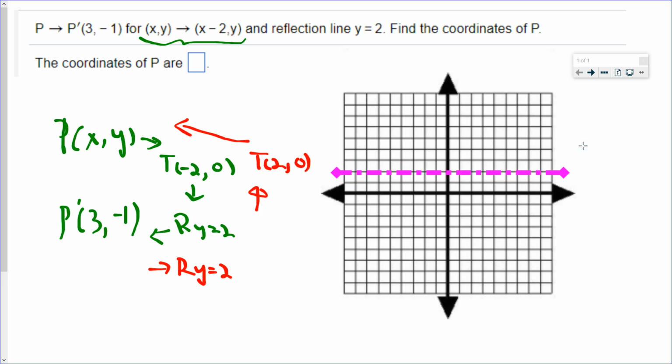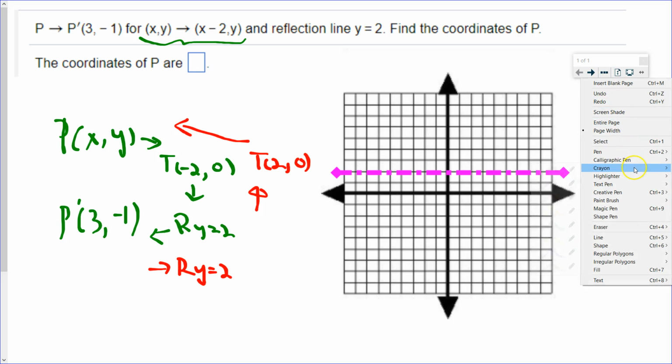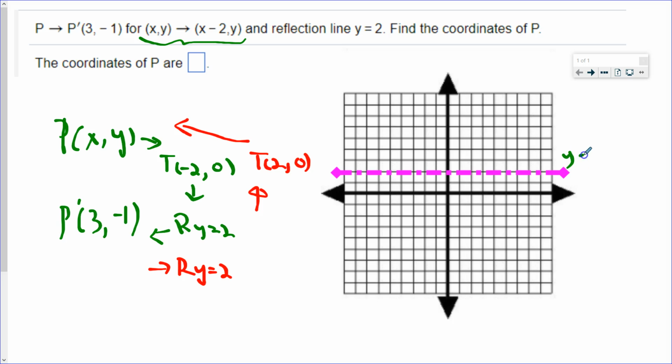The line is well over here, and I'll just write down y is equal to 2. So this is the line of reflection. We started with 3, -1, so 1, 2, 3. -1 is right over here. That's my P prime. So with that, we should be able to figure it out, hopefully.